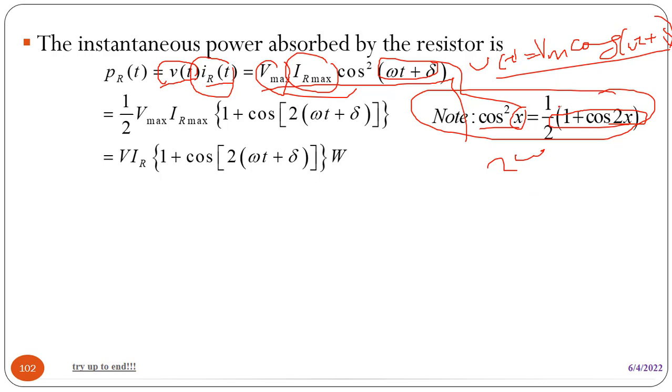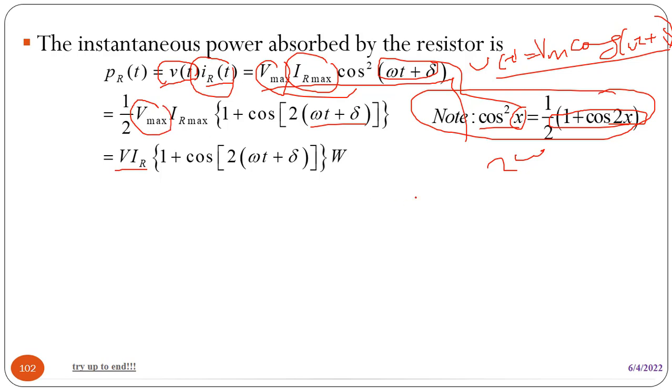Then substitute this into this position. We have one over two V max times I max times 1 plus cosine of 2 times omega t plus sigma, since x is omega t plus sigma.